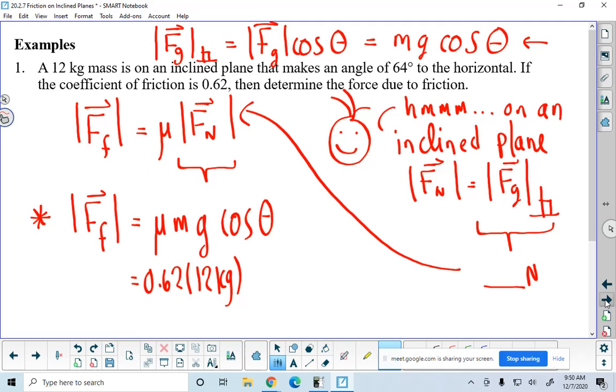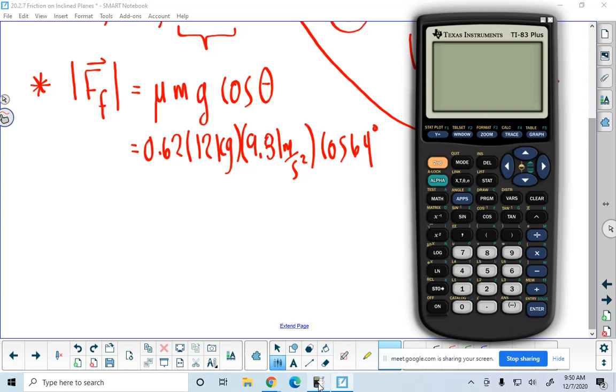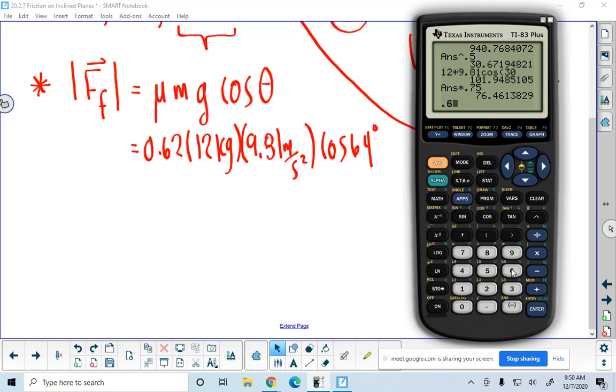And then times 9.81 meters per second squared, and then multiplied by cosine of 64, and we are going to have our answer. 0.62 times 12 multiplied by 9.81 multiplied by cosine of 64. 0.62, 12, looks okay.